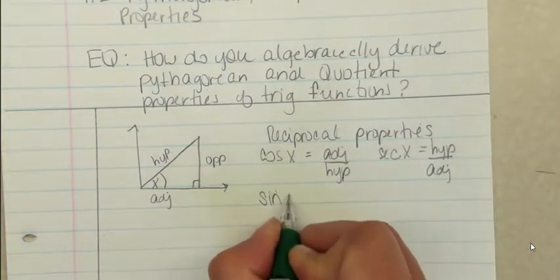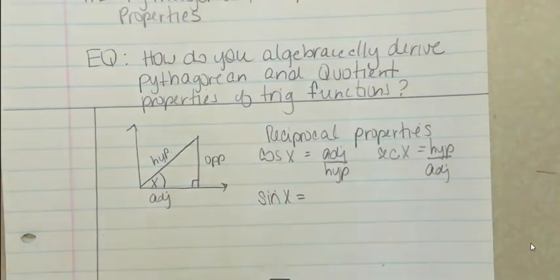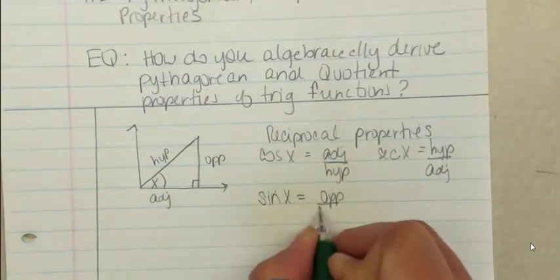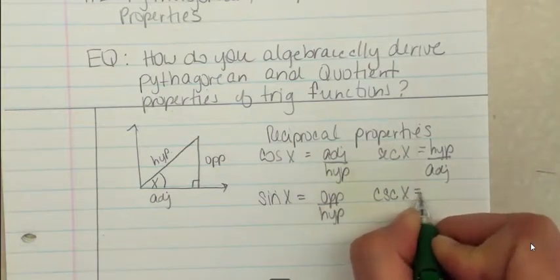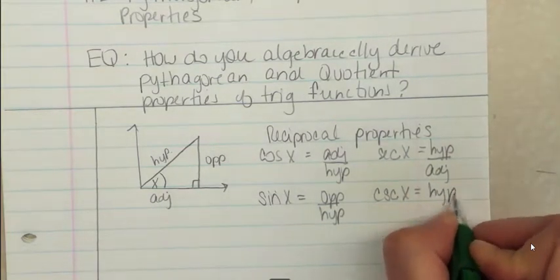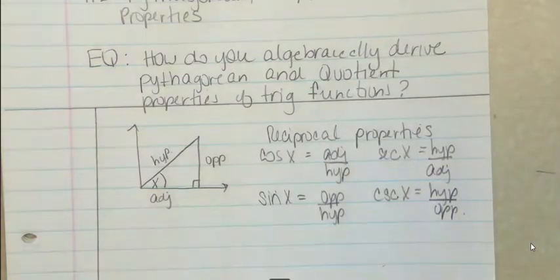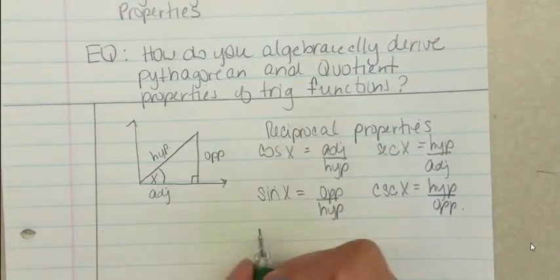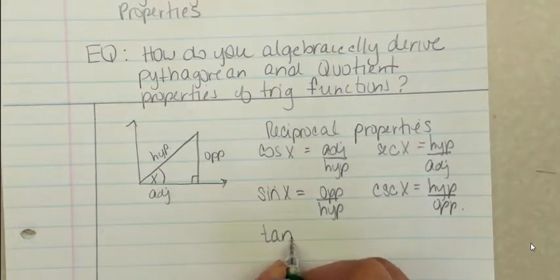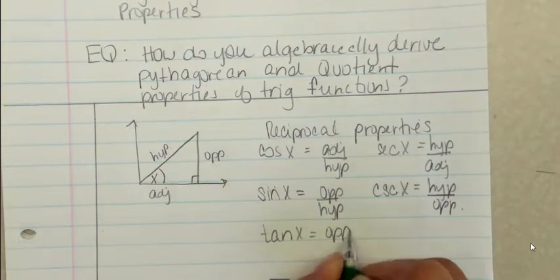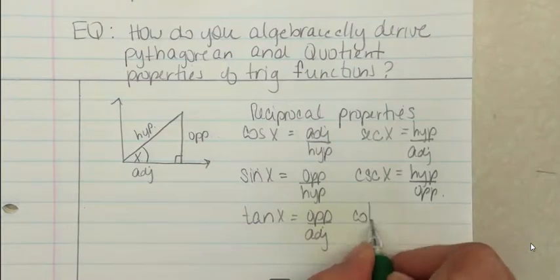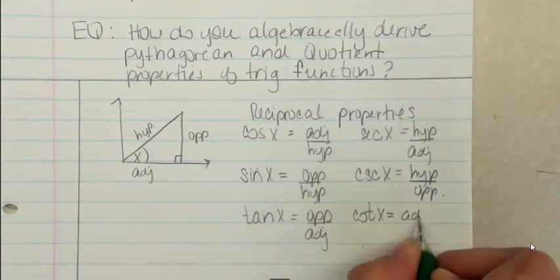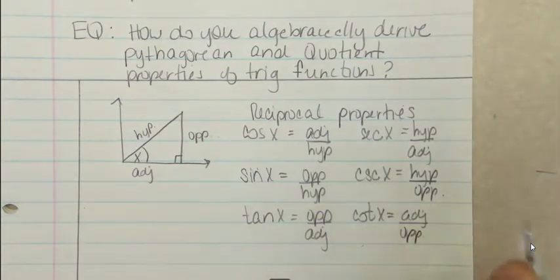Your sine of x is going to be opposite over hypotenuse, and so then your cosecant of x is the reciprocal of that, so it's going to be hypotenuse over opposite. And then tan of x is opposite over adjacent, and so cotan is the reciprocal of that, so you're going to have adjacent over opposite.